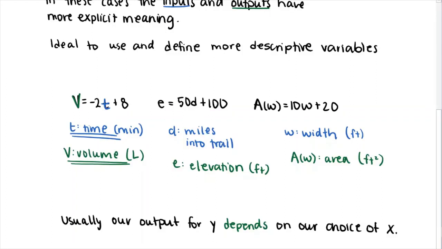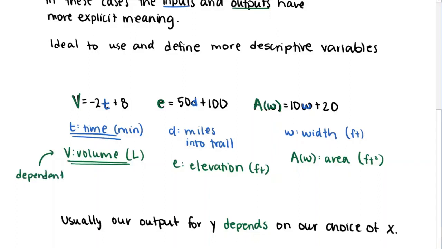And one thing I want to point out in all of these examples is that we still sort of see this input variable and this output variable for our linear equations. And so usually we call this output variable the dependent variable.